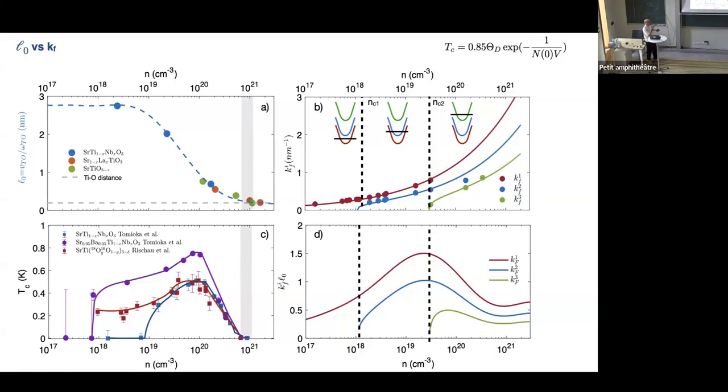So now maybe to come back to the point of Cameron, this transition from imaginary to real occurs close to the maximum of the superconducting dome, which again goes in the direction that as we add some electrons, we go away from this quantum critical point because we add electrons to the system. And at some point, this part is really driven by the shrinking of this length scale.